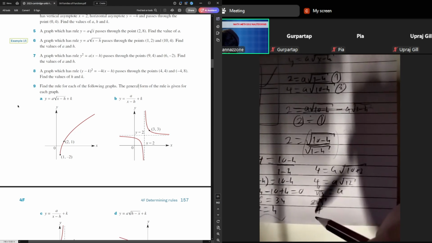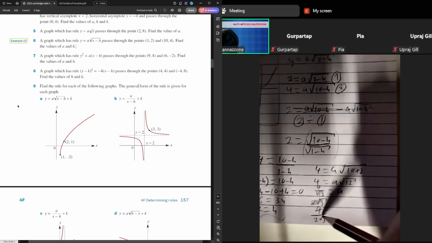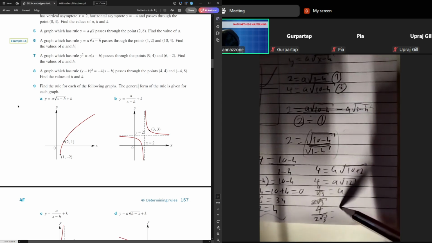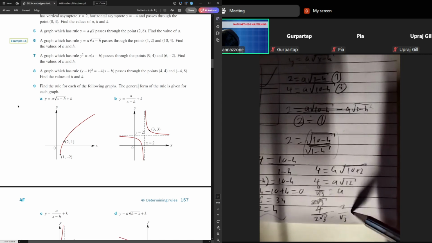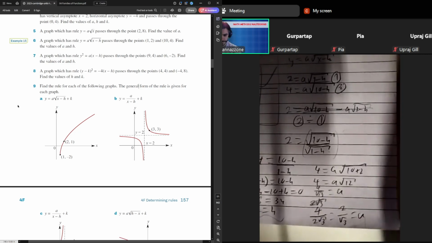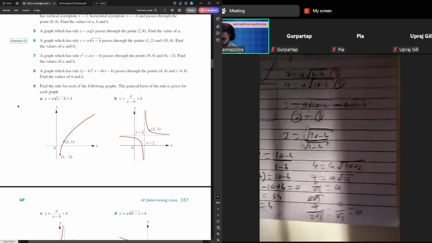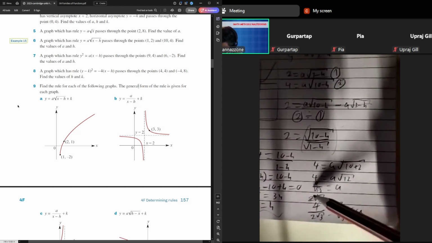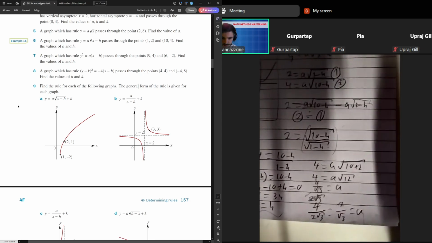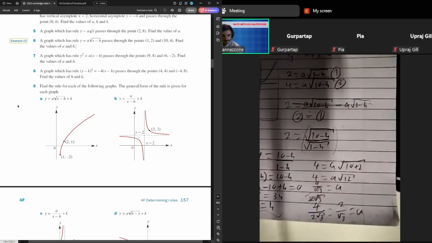So you're going to have 4 over 2 root 3, or just 2 over root 3 is equal to a. Anyone need to revise how to simplify surds? So how we went from root 12 to 2 root 3.